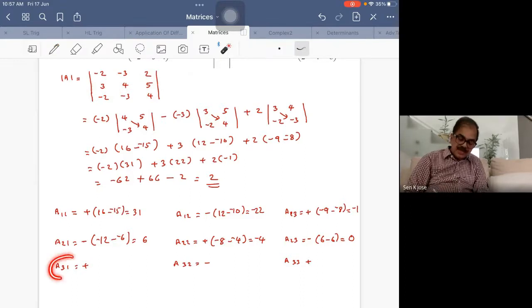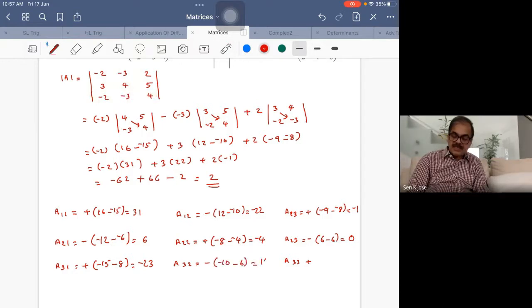Now A31, it's plus, I already know. So A31 is out here. Delete the row and the column it belongs to. Then you cross multiply, you will get -15 minus 8, which is -23. Then A32, this is the element A32. I delete the row and the column it belongs to. Cross multiply, -10 minus 6, which gives me 16.